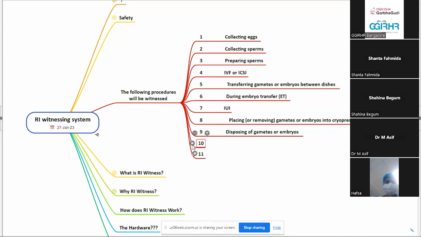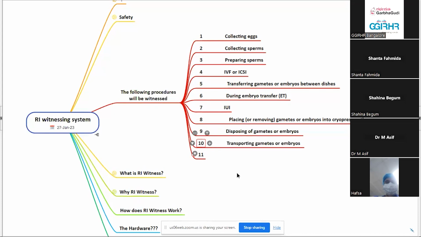And coming on to the 10th point, transporting the gametes or embryos. Sometimes, for example, some patients want to transport their embryos to other centers for the transfer.